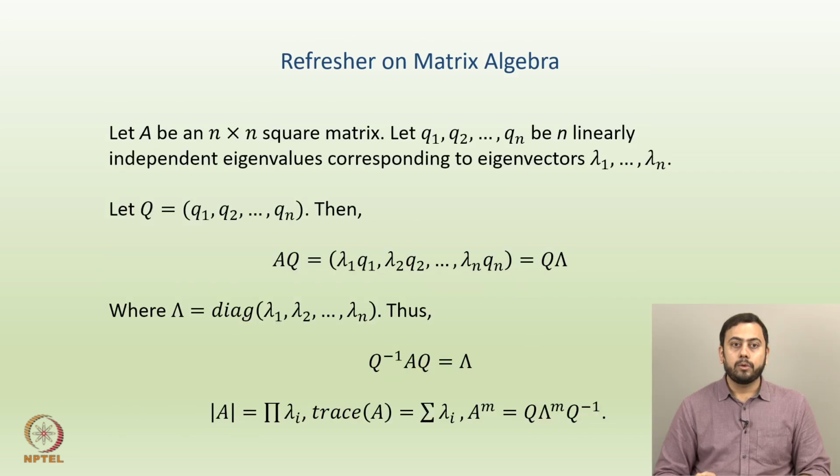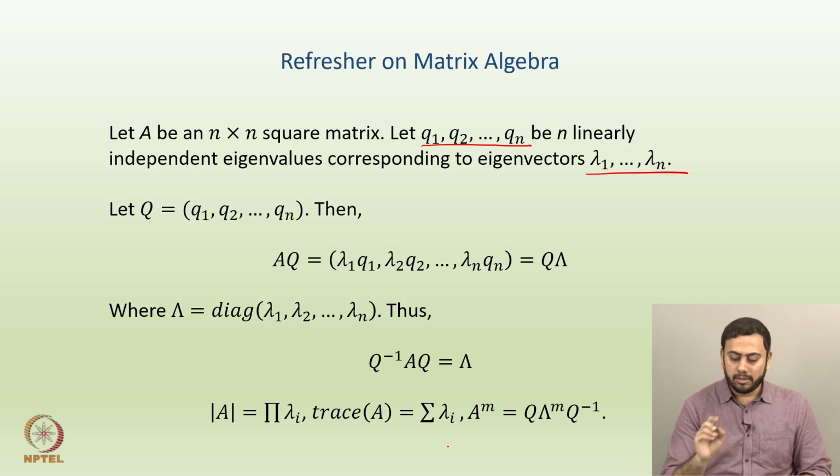Going forward, let A be the same n cross n square matrix, and let Q1, Q2, Q3 up to Qn be the n linearly independent eigenvectors corresponding to eigenvalues lambda 1 up to lambda n.